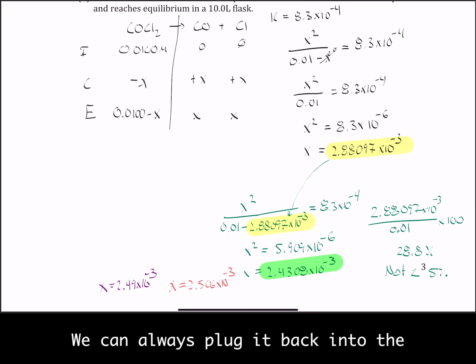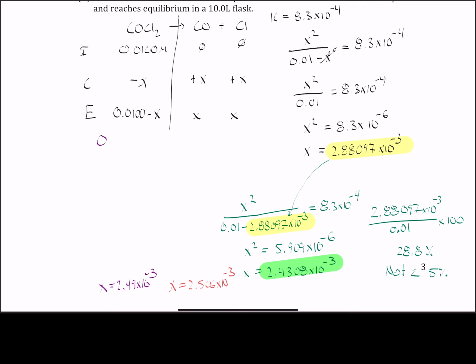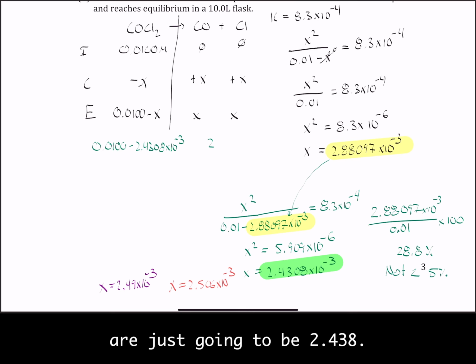We can always plug it back into the law of mass action. So what was that? That was the green. 0.01, 4308. And then these ones are just going to be 2.4308.